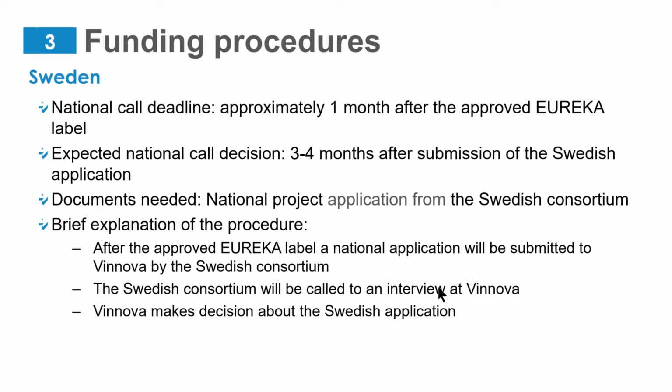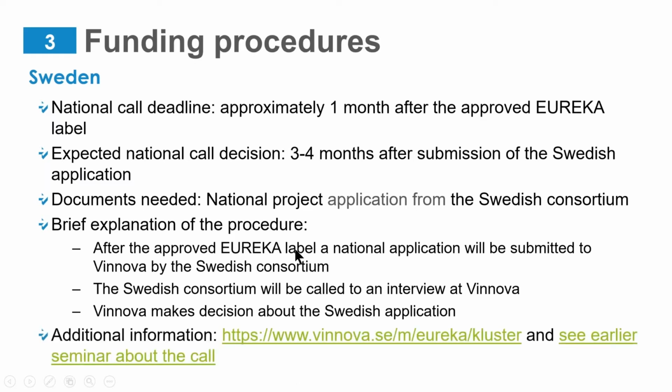In this case, Vinnova is the national agency for Sweden. And this application to be submitted to Vinnova has to be made only by the Swedish consortium, of course. And the Swedish consortium will be called to an interview at Vinnova, and Vinnova makes the decision about the Swedish application. So this is important.